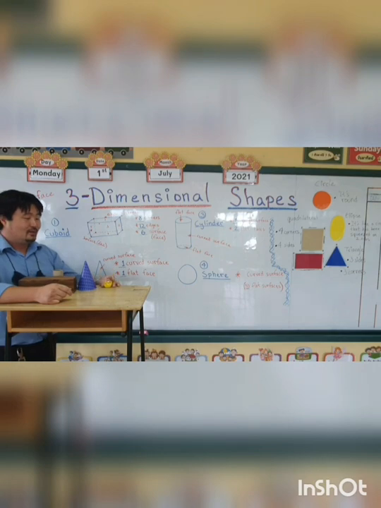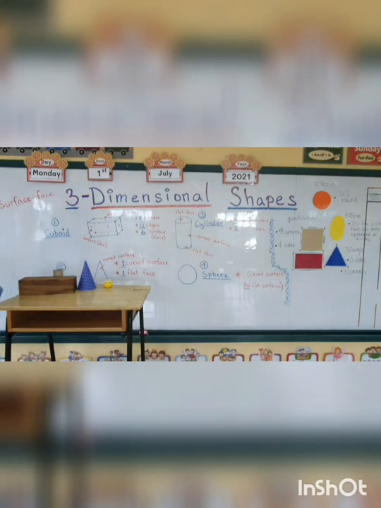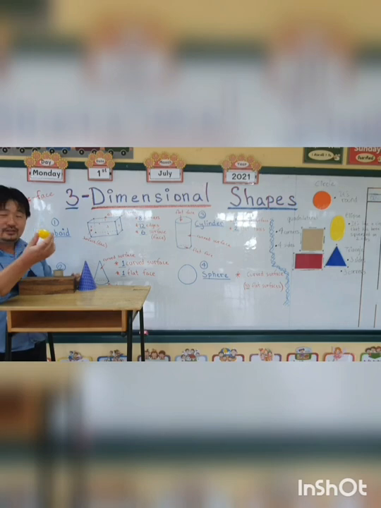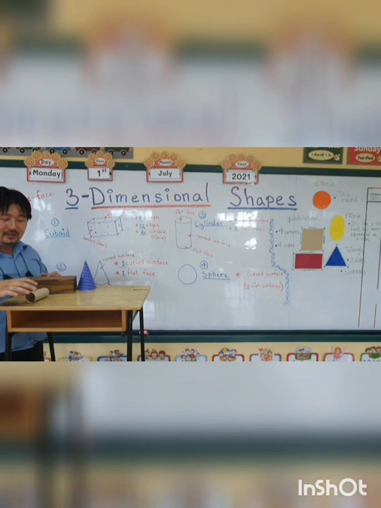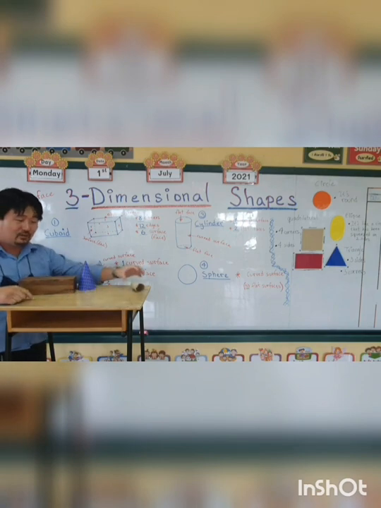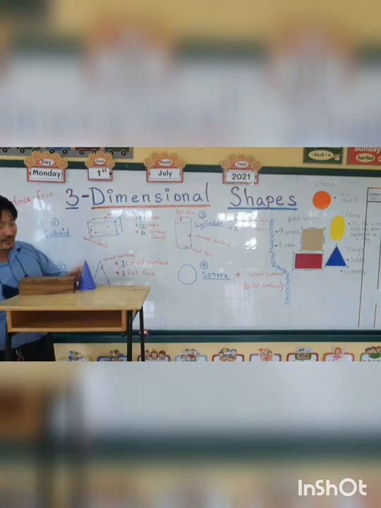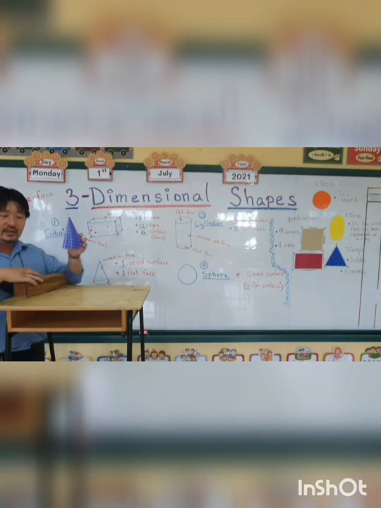Okay? Now, a question. Which of these solids can roll? Let's try. The sphere? Yes, it can roll. And what about the cylinder? Can it roll? Yes, it can roll. And how about the cone? Can it roll?